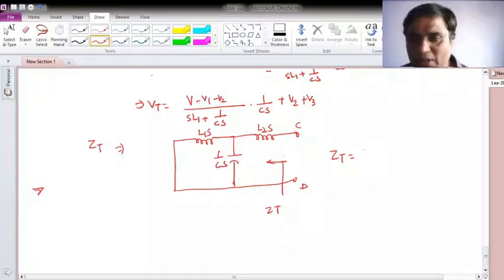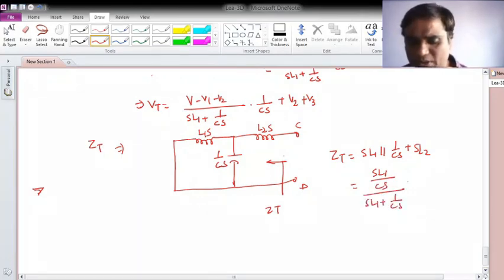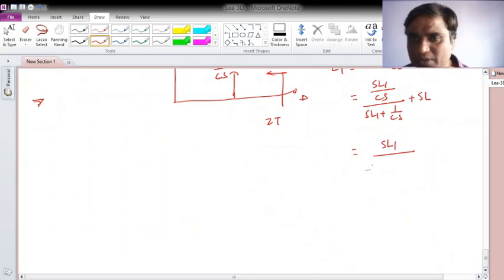ZT will be SL1 parallel with 1 over CS, plus SL2. This comes out to be SL1 over CS divided by SL1 plus 1 over CS, plus SL2. You can simplify this also: the CS will cancel, so it will be SL1 over S square L1C plus 1, plus SL2.